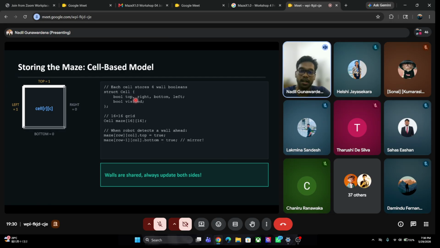For a cell, there are top, right, bottom, and left, and visited, the state of whether the micro mouse has visited that cell or not. If the top is equal to 1, then there is a wall at the top of the cell. And if the right is equal to 0, then there isn't a wall on the right side of the cell.